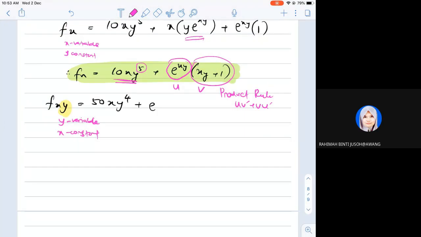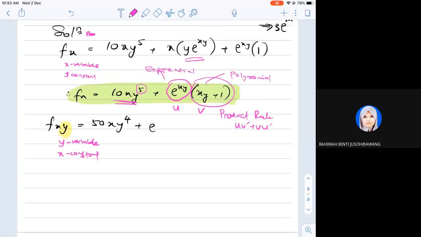Kita ada exponential, and then kita ada polynomial ni. So in the case of multiplication of two types of function, dua jenis function berbeza, kita kena tengok ada variable tak dalam dua-dua tu. Kalau dalam case ni, kat sini dia ada variable y, dalam polynomial pun dia ada variable y. So kita kena guna product rule.